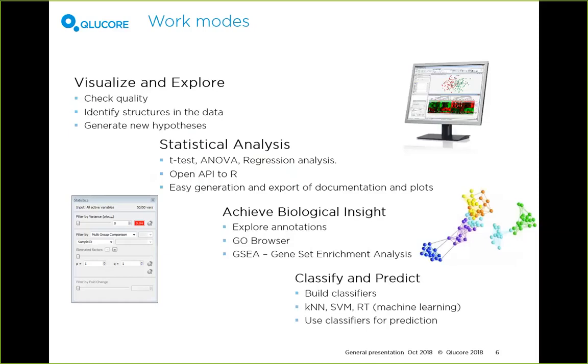Also, one of the more recent things we've added to the software is classification and prediction, where you can build classifiers, where you can do machine learning and classify your data according to what the classifiers have found. This is a field which is expanding a lot in big data analysis today, and something that we are going to work on even more in the future.